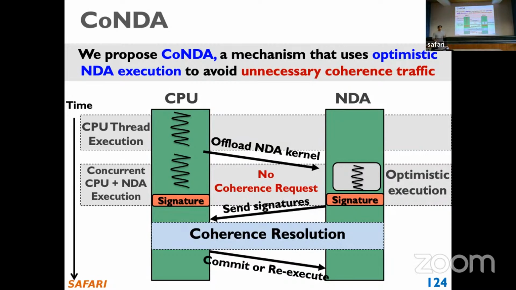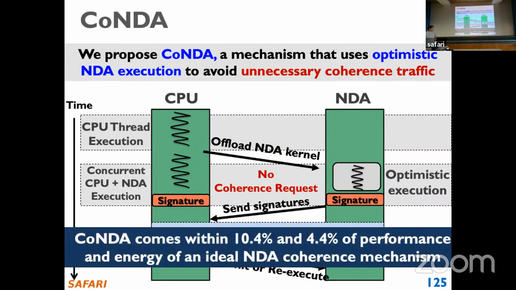So as you see, if things go well, it's perfect because there are no coherence requests, no traffic from memory coherence. If things don't go well, then you will spend twice the amount of time.